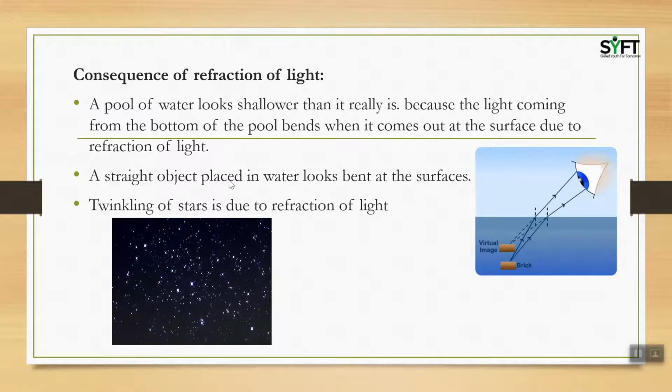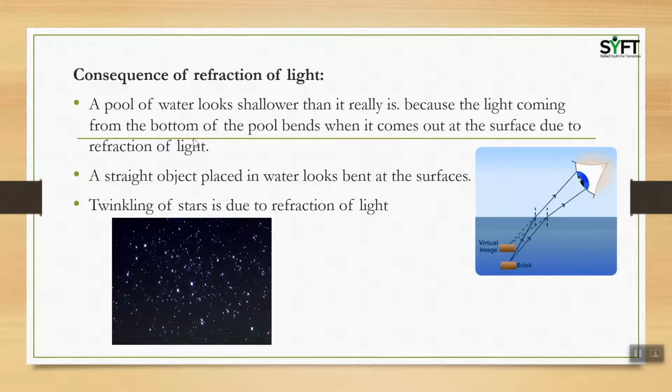A straight object placed in water looks bent at the surface, like putting a pencil into the water. The pencil does not look straight. It looks bent at the surface of water.